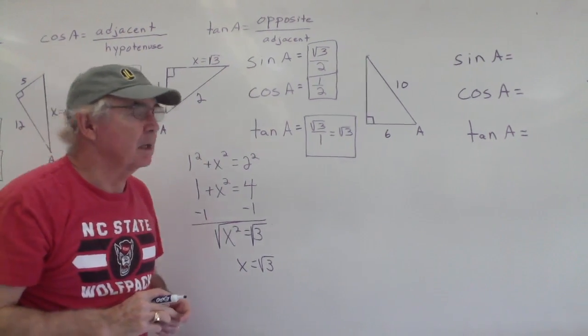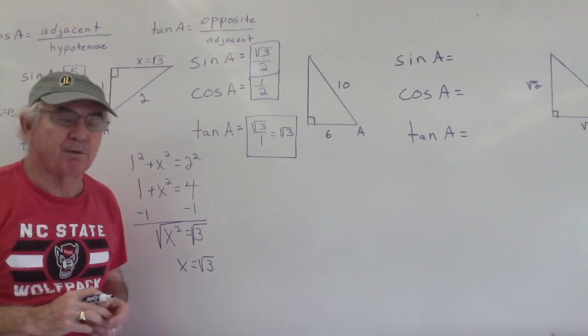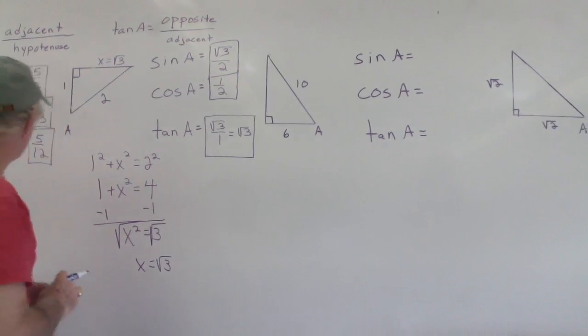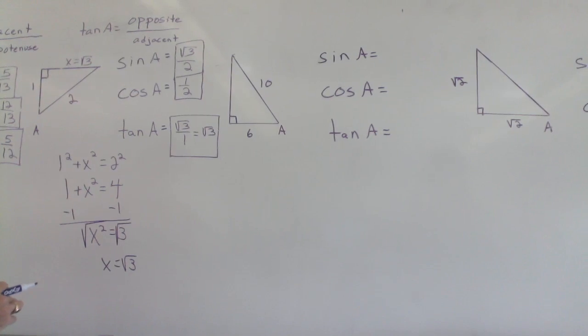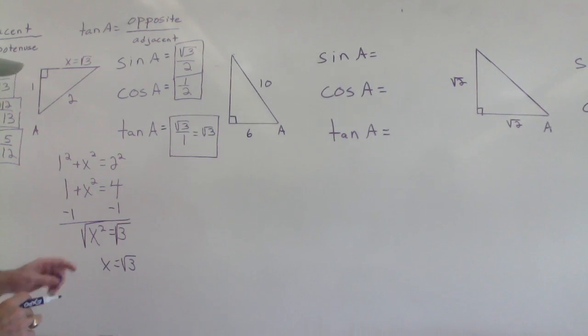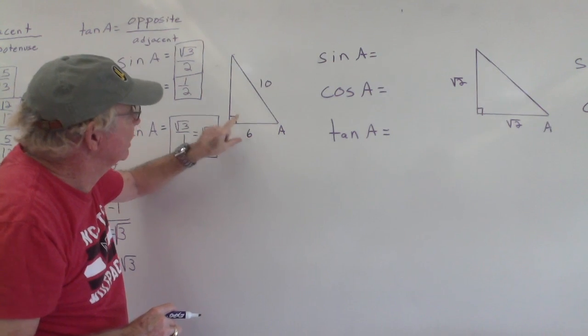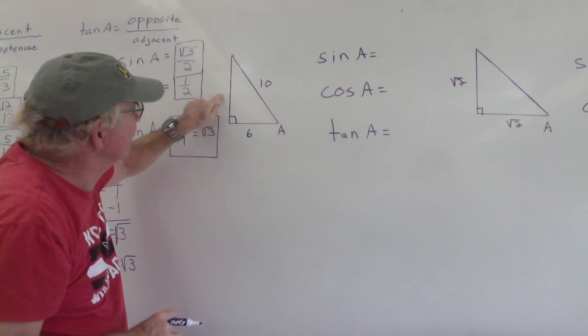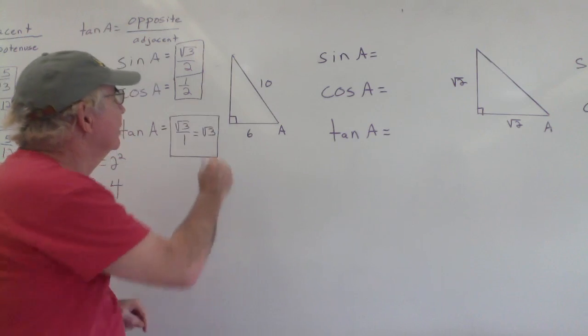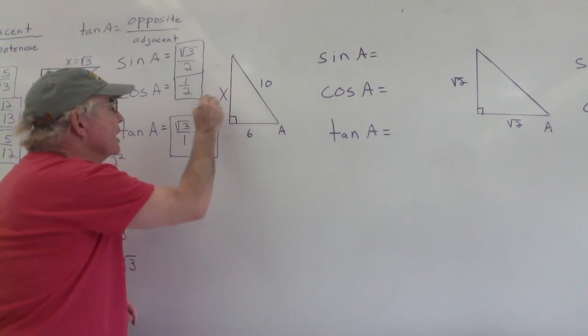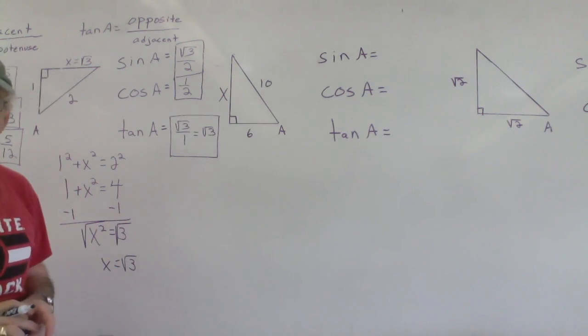Okay, that's moving to example 4. Now, example 4, you're given a leg and the hypotenuse, so we need to find that leg. We call that x.